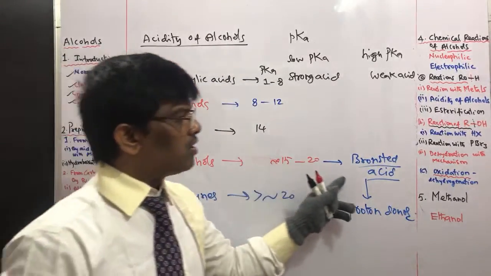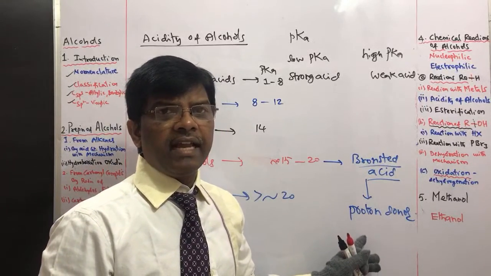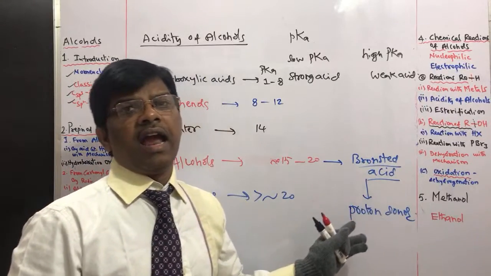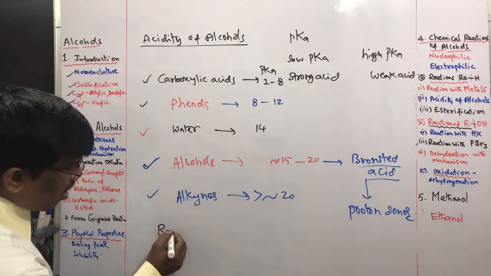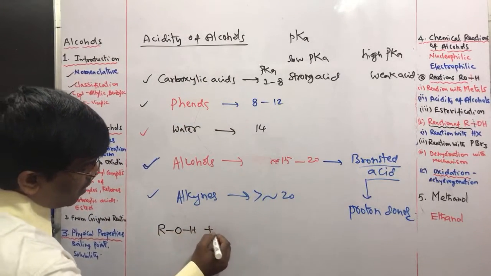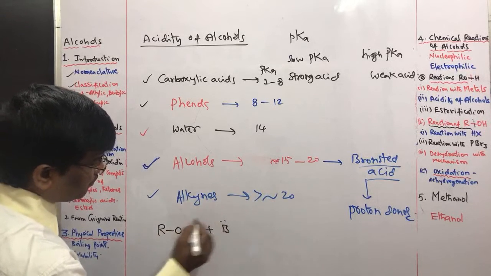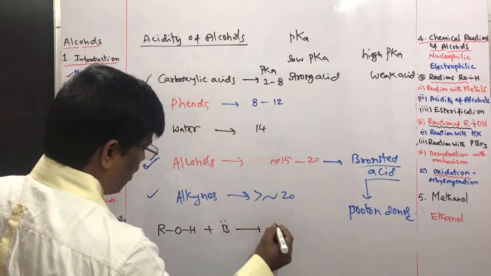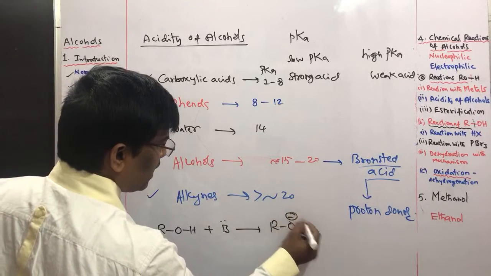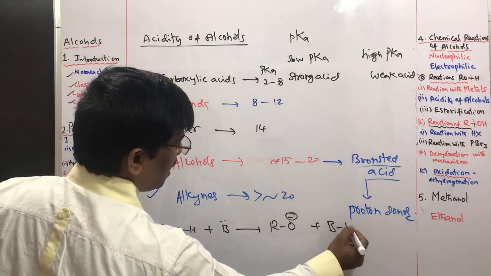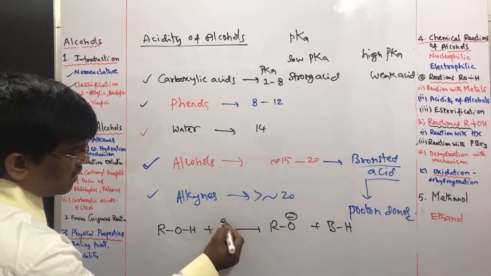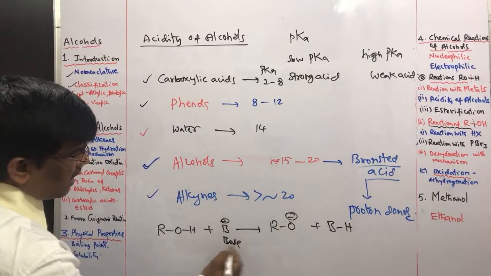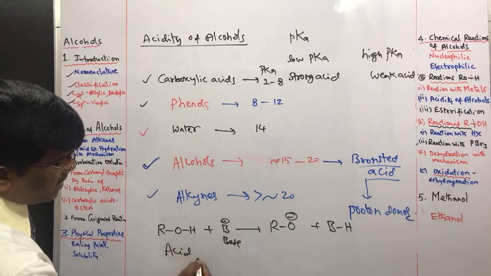Alcohol is a Bronsted acid because it can donate a proton. For example, ROH plus a base B forms RO minus plus BH. The alcohol donates the proton and acts as an acid, and B is the base.